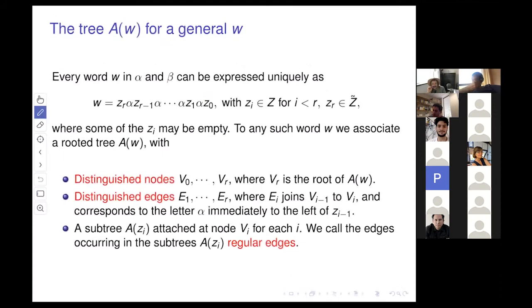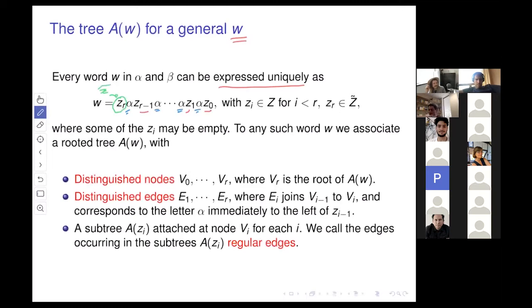And in general now, if I have an arbitrary word W in the alphabet with two letters alpha and beta, then you can express it uniquely as a concatenation of words in the monoid of parentheses intertwined with these alphas, and then the leftmost subword may have to be in Z tilde.